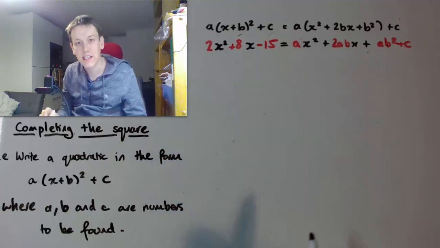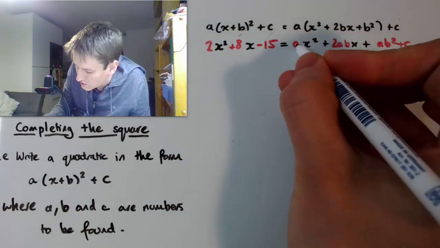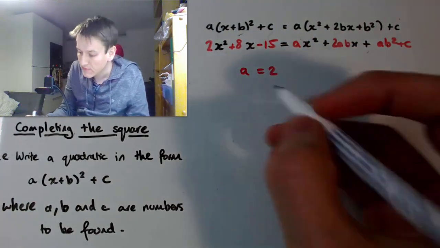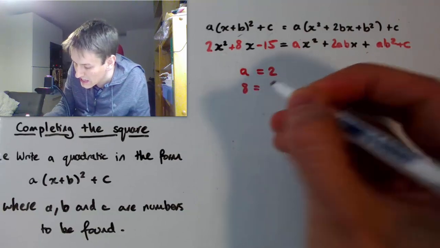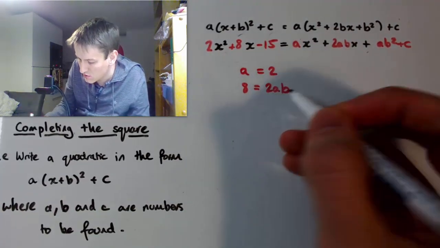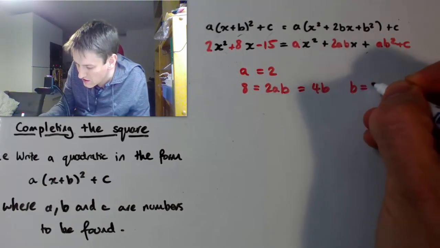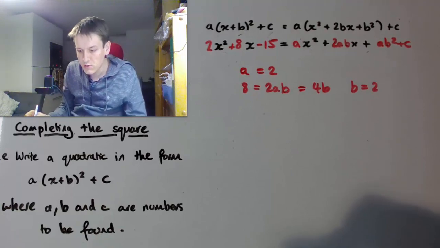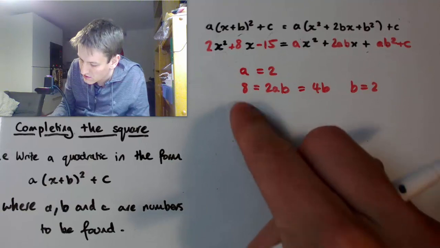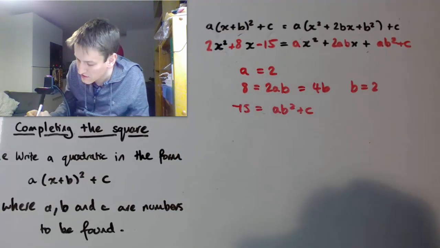We've got 2x squared plus 8x minus 15. So this time, again, we get 2 equals a, looking at the x squared coefficient, so a equals 2. For the x coefficient, we've got 8 equals 2 times a times b, but a we know is 2, so this is 2 times 2 times b, that's 4b, so I get b equals 2. And I have the last coefficient, minus 15, equals ab squared plus c.